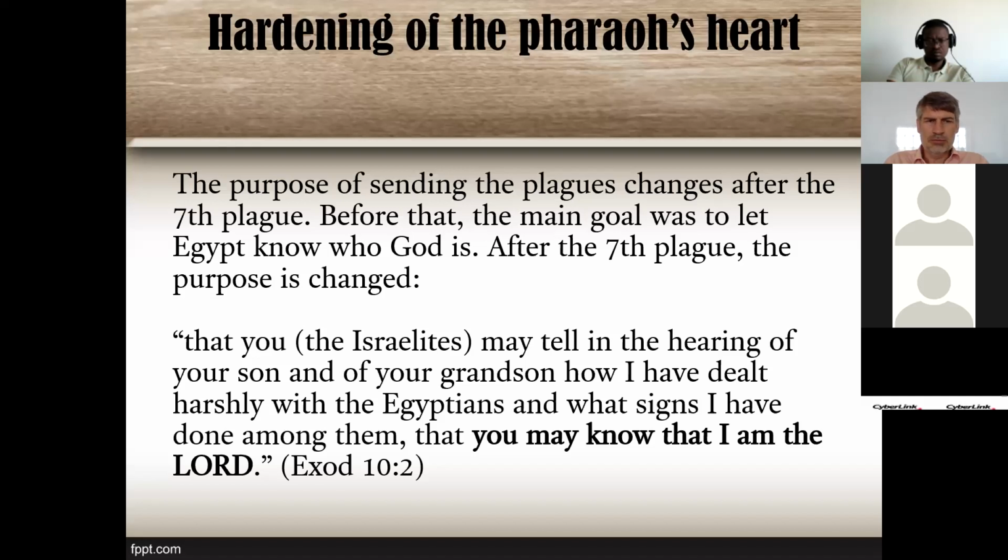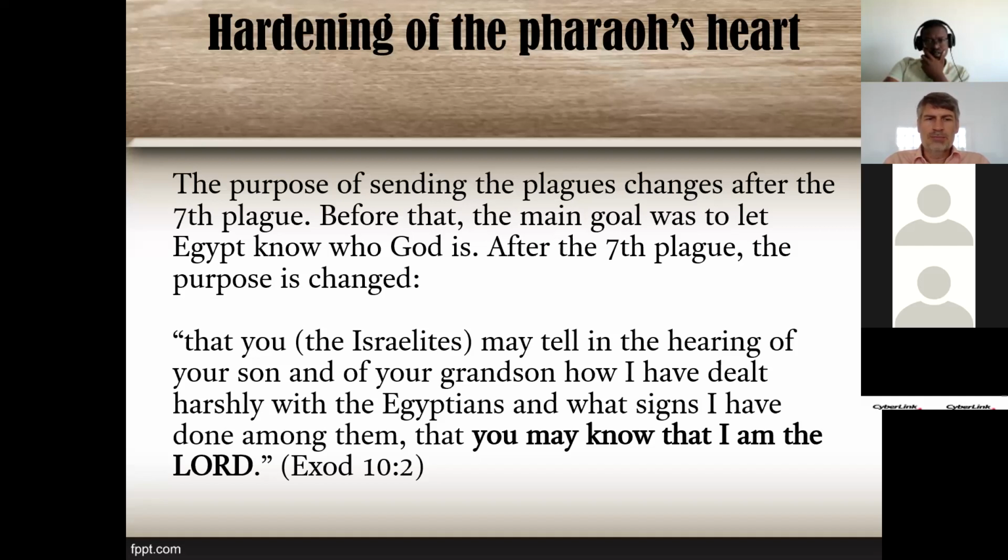What is interesting is that after the seventh plague, some Egyptians already understood who God is. They gathered all their cattle and flocks and brought them to the houses, and in such a way they protected their property from destruction. But those who didn't do this, evidently all their animals died.